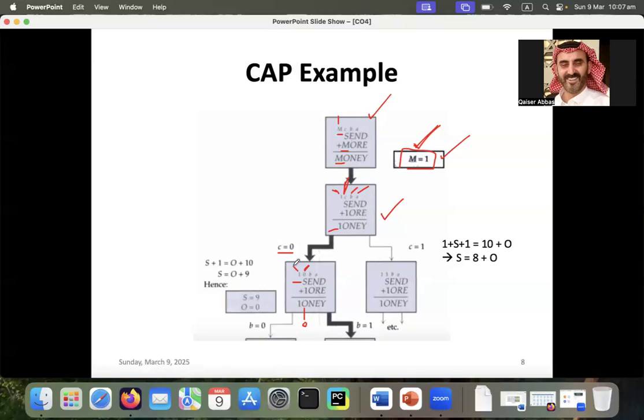My constraint is satisfying: if I take S equal to 9, then 9 plus 1 is 10, plus this 0, 10. Then O will have 0 and the carry will go to the next column. So the condition is satisfying with the next values.